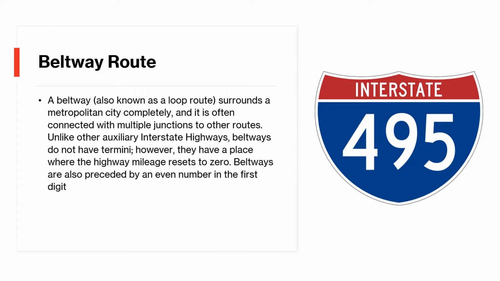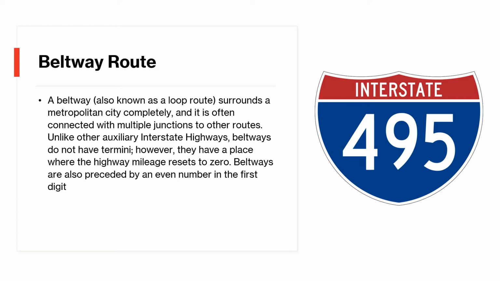All right, beltway route. A beltway, also known as a loop route, surrounds a metropolitan city completely, and it is often connected with multiple junctions to other routes. Unlike other auxiliary interstate highways, or child interstate highways, or three-digit interstate highways, beltways do not have a terminus.